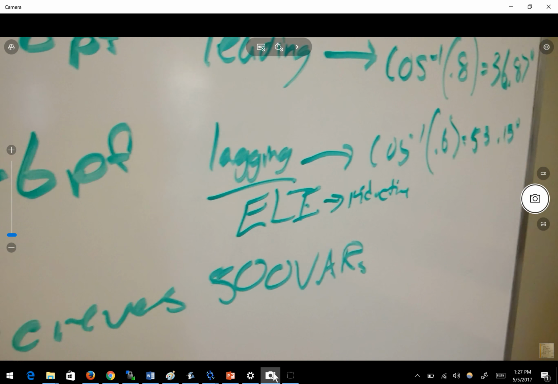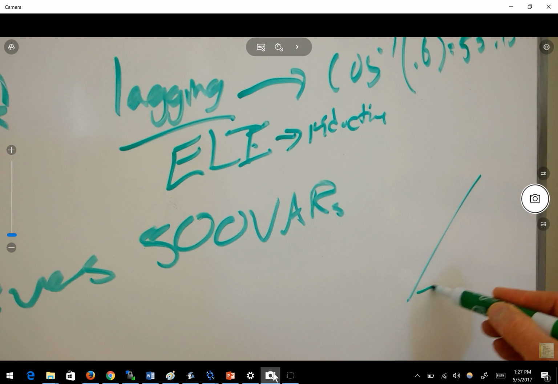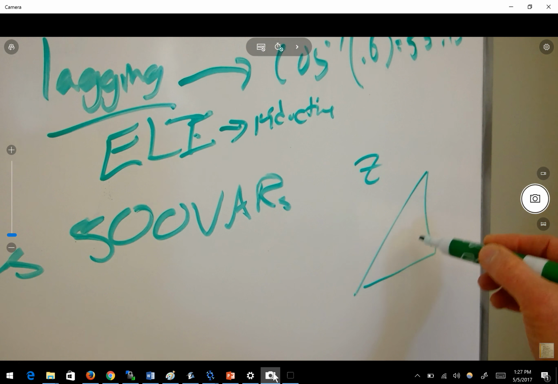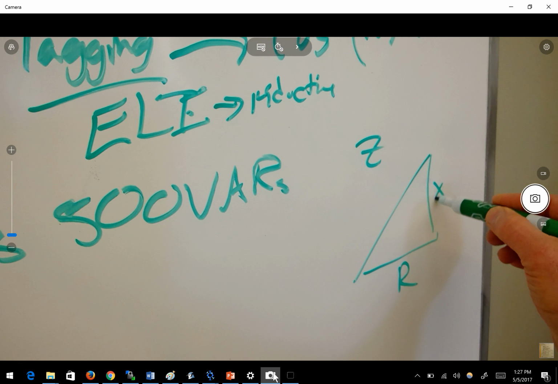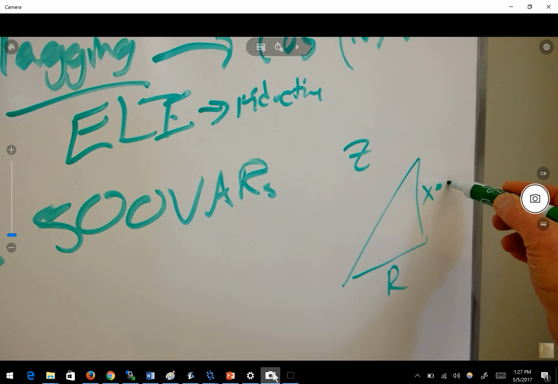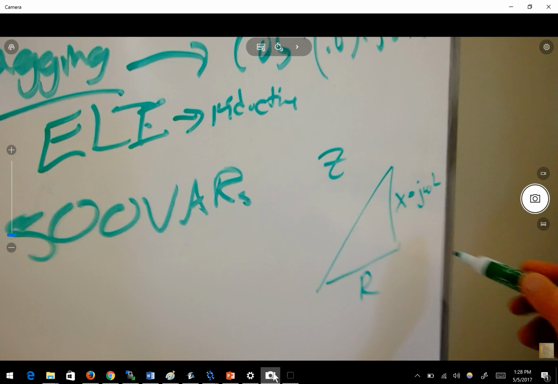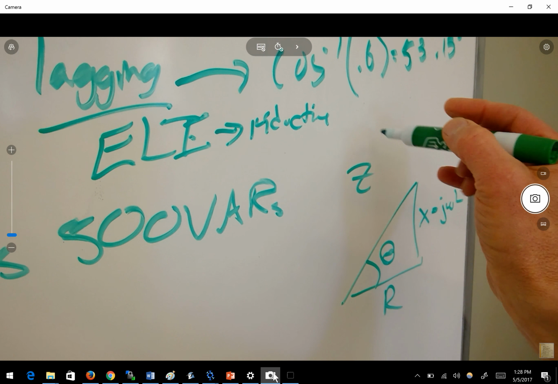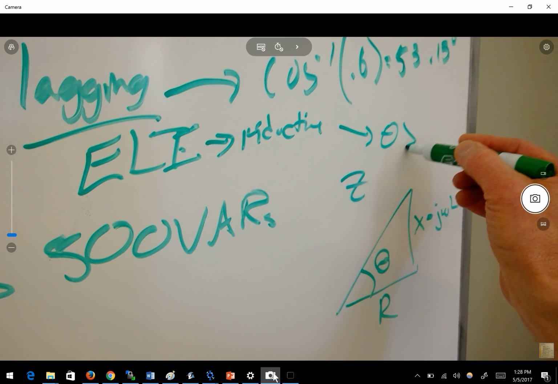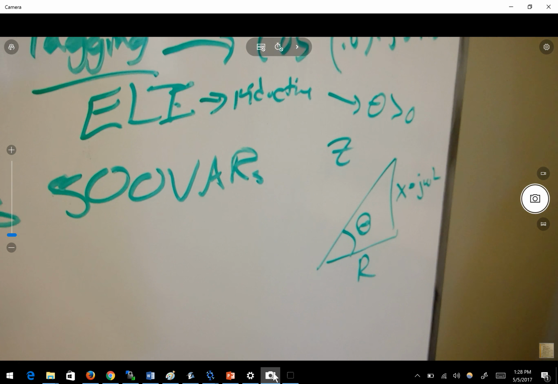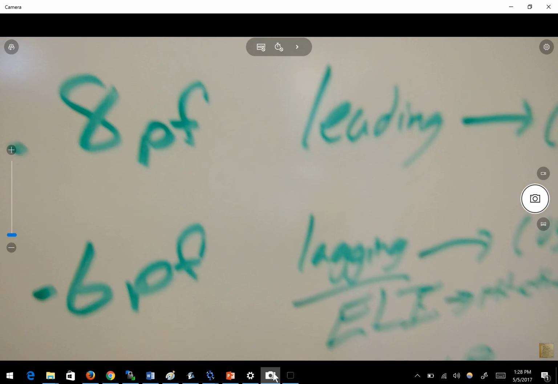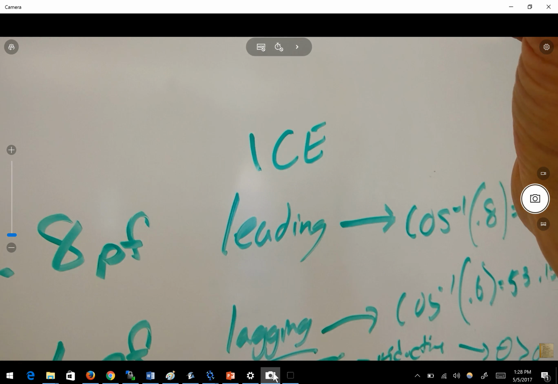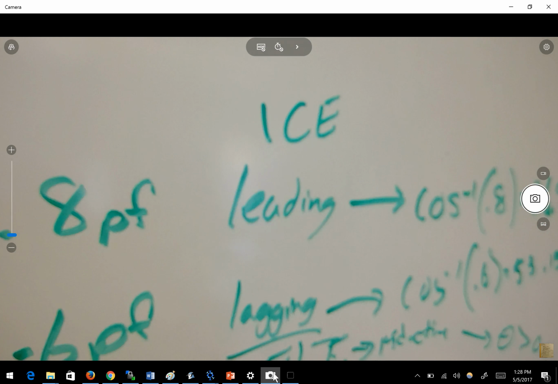And with inductive loads, it's because the Z is R and X for an inductor is J omega L, and theta is greater than 0. So theta is greater than 0 for inductive loads. When it's leading, that's ICE, current leads the voltage.